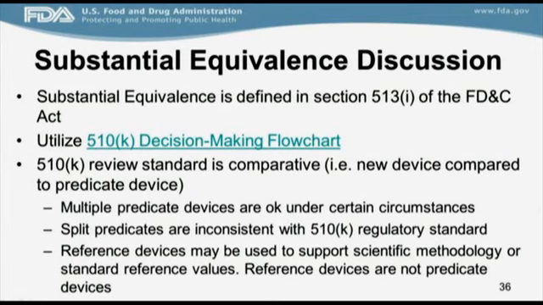And lastly, within the guidance, it addresses a new term called reference devices. Reference devices may be used to support scientific methodology or standard reference values. Reference devices are not predicate devices. Therefore, reference devices typically won't come into your 510K until around decision point 4. So please keep that in mind when you're providing your substantial equivalence discussion.